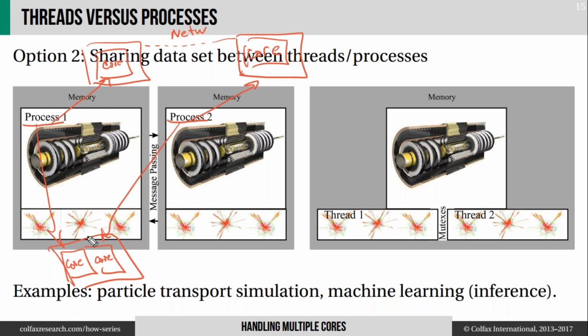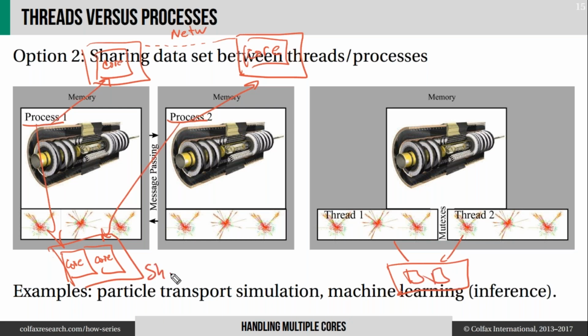Both shared memory and distributed memory architectures are suitable for multiprocessing. Multithreading is different. With multithreading, your only option is to use a shared memory machine.